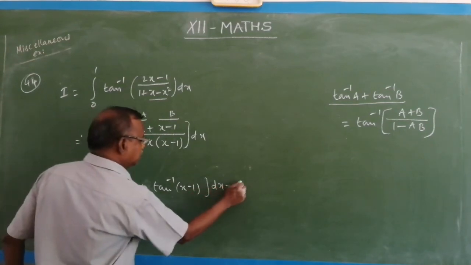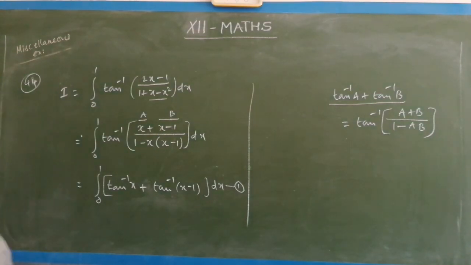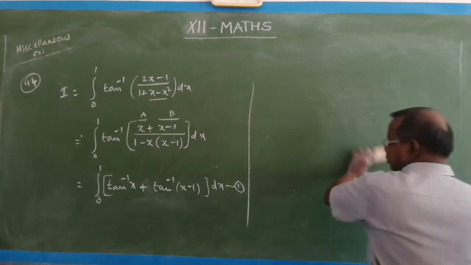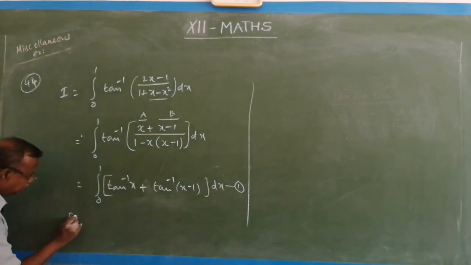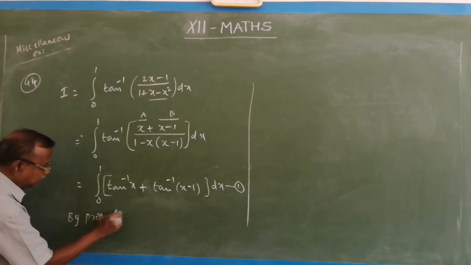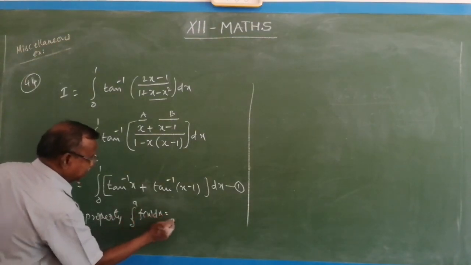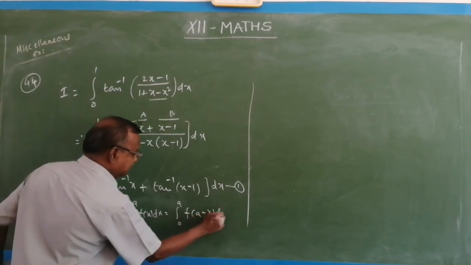So this is 1, and we know a property: integral 0 to a f of x into dx equals integral 0 to a f of a minus x into dx.